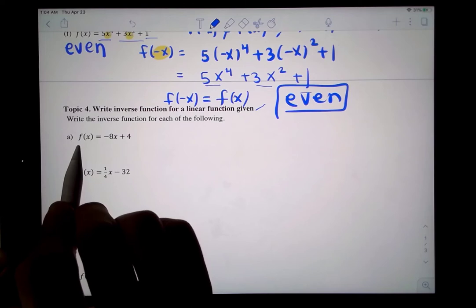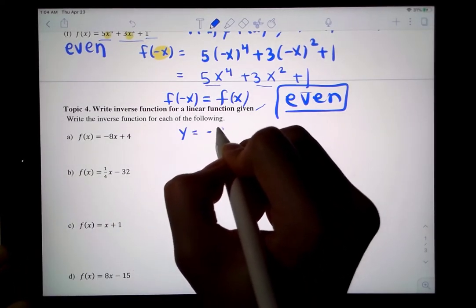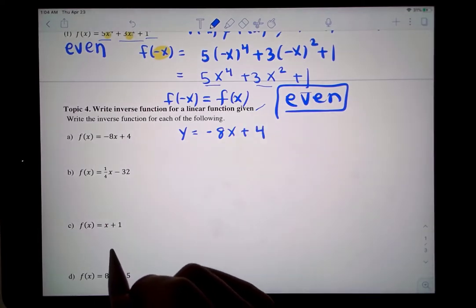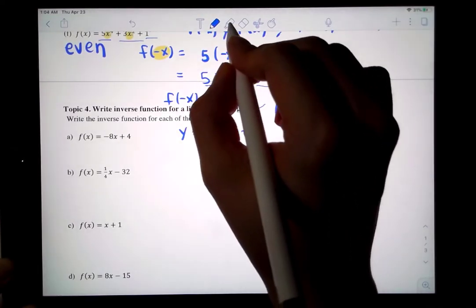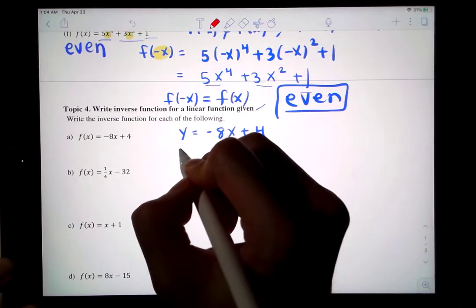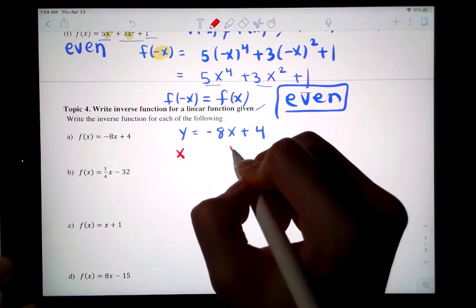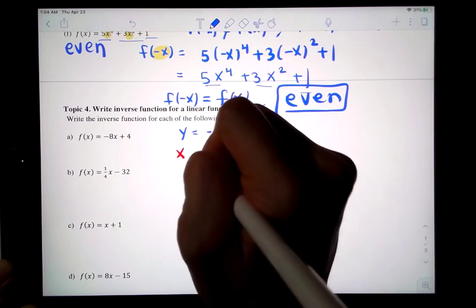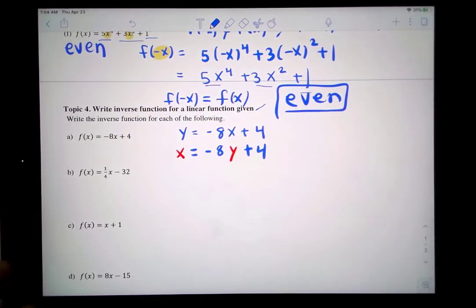First you write it for y, so y equals negative 8x plus 4, and then you switch x and y and keep everything exactly the same. And then we solve it for y.